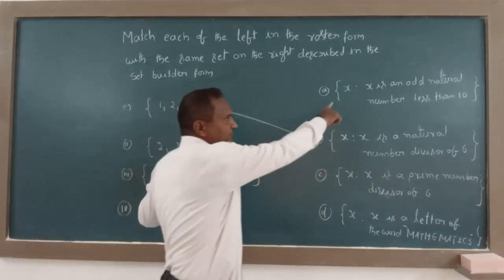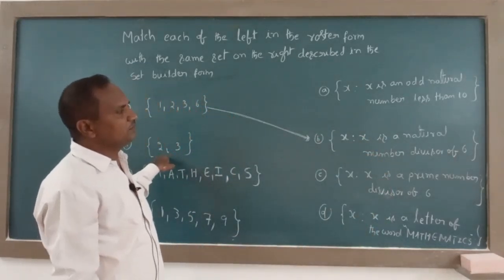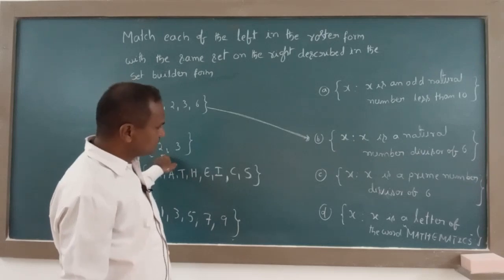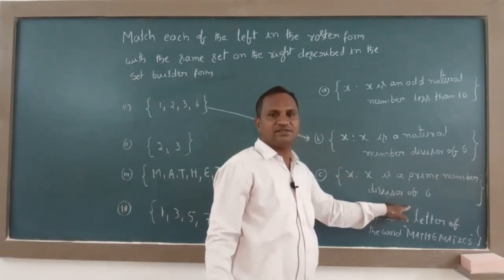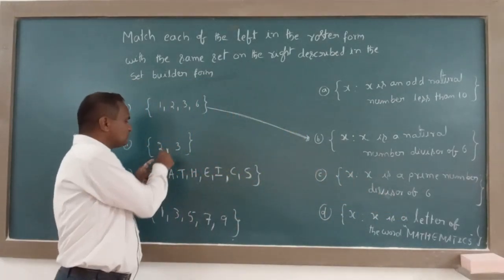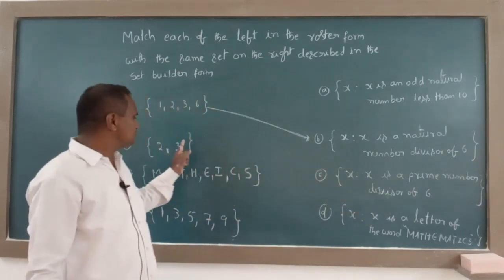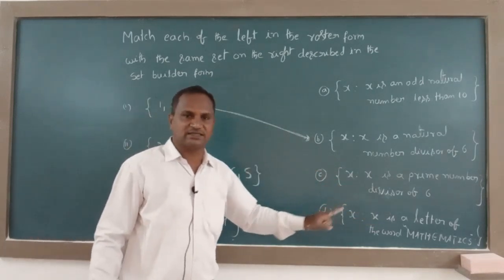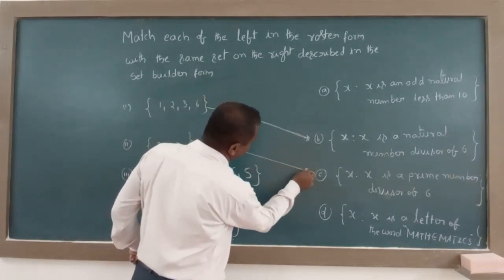It is not mapped with A because A asks for an odd natural number less than 10. The second set is matched with C because prime number and divisor of 6. If you observe, 2 is prime and at the same time a divisor of 6. 3 is also prime and a divisor of 6. That's why the second one is mapped to C.